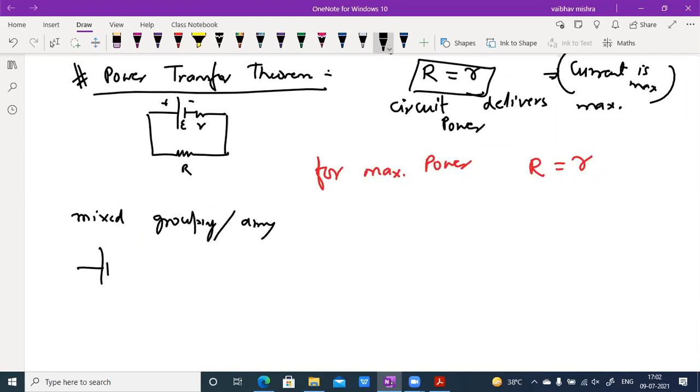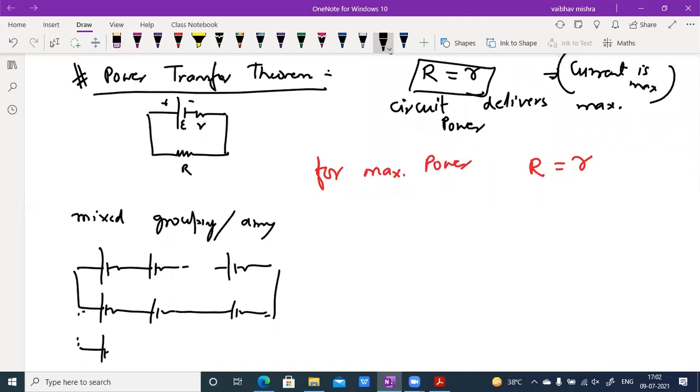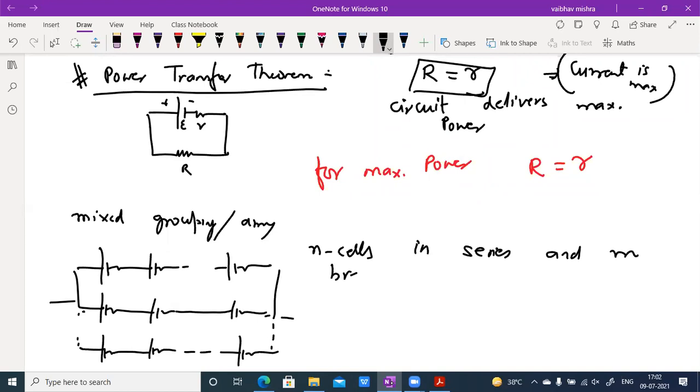So array वाले केस में हमने क्या किया था, n number of cells in series and such m number of branches in parallel. तो अभी हम एक general set ले लेते हैं that there are n number of cells in each branch and such m number of branches in parallel. We assume that this arrangement of 12 cells will give the maximum power or maximum current.